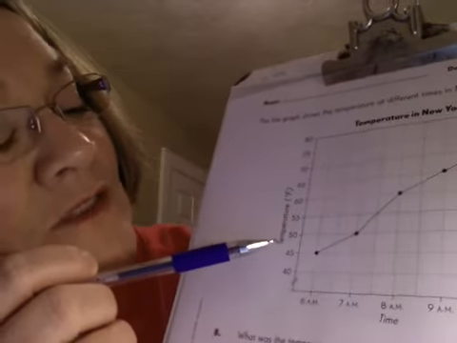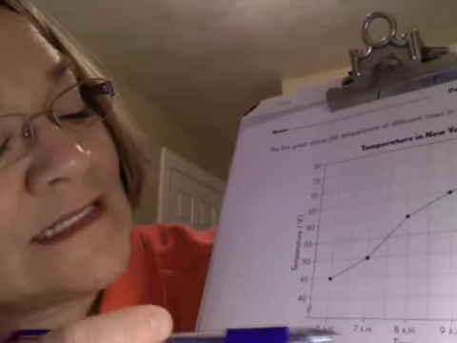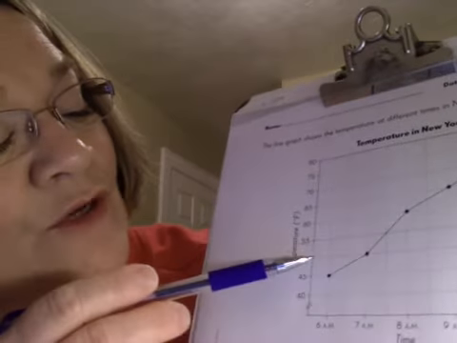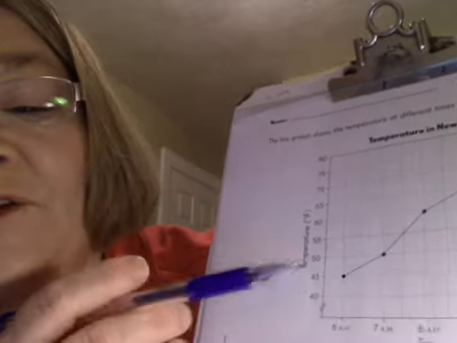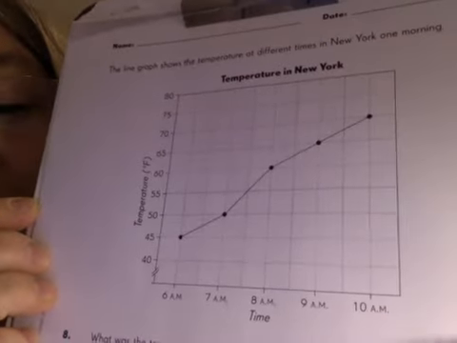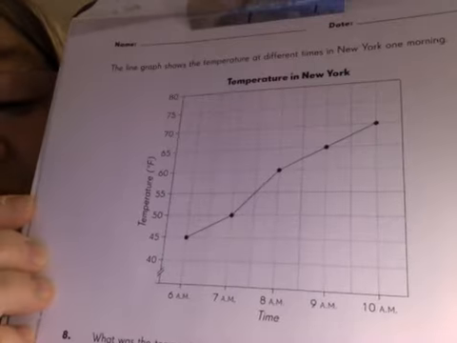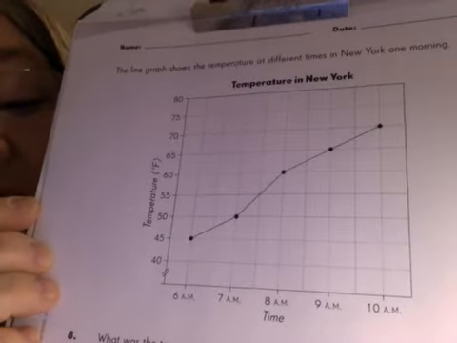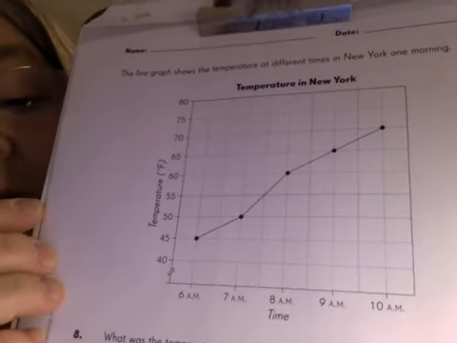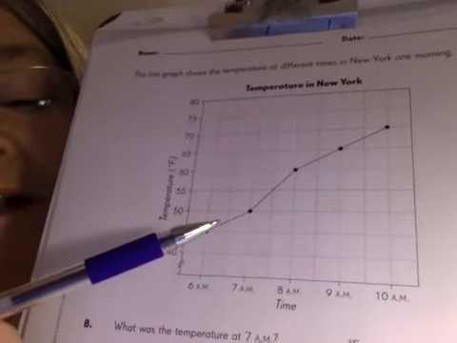Then you go across this way and it says that at 7 a.m. the temperature was 50 degrees. Now you are all expert at that from playing Battleship. That's why we've been playing Battleship, to help us be able to find those intersections, those places where they meet together on a line graph.